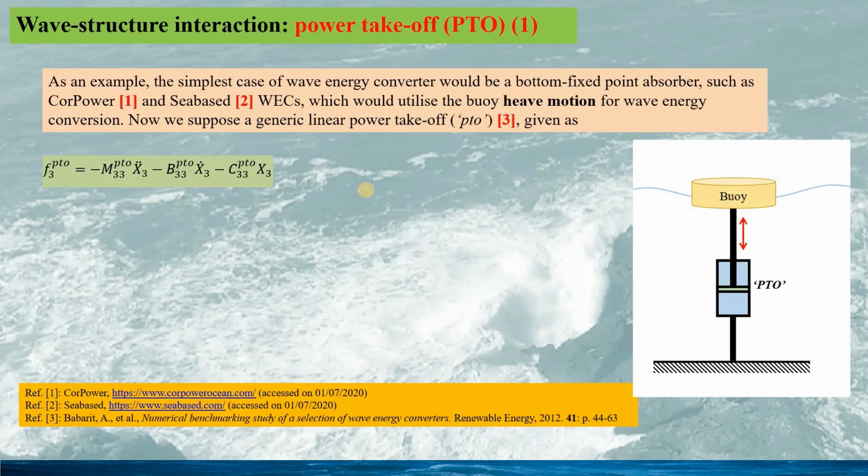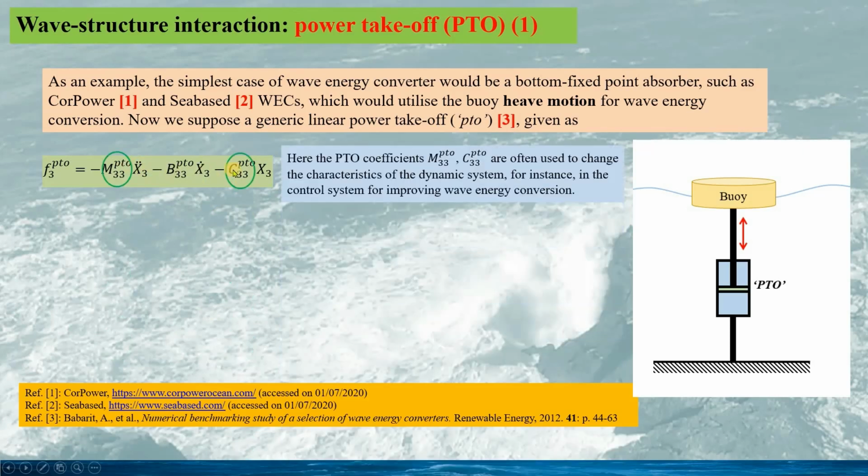In fact, such a principle can be seen in practical developments such as CorPower and Seabased devices. For generic application, the linear PTO force can be given in this formula following the reference.